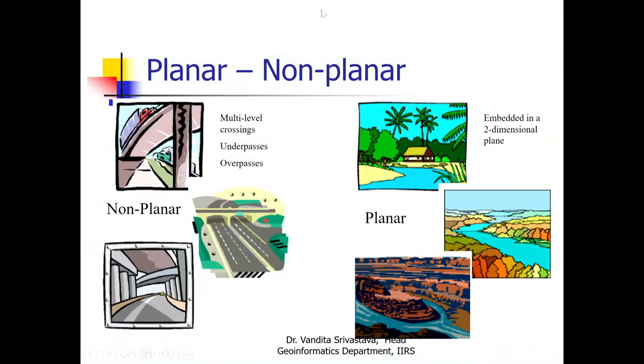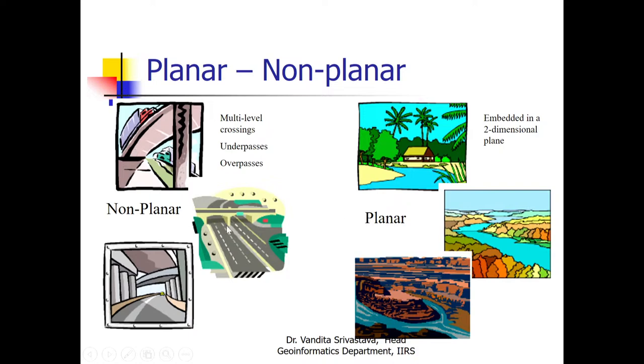So we can have planar and non-planar networks. Planar networks will follow only one level, embedded in a two-dimensional plane, like the water. But if we have a canal as an additional layer, we can have non-planar as well.